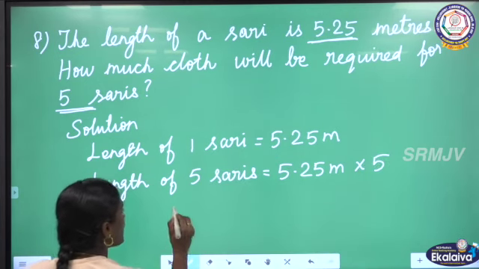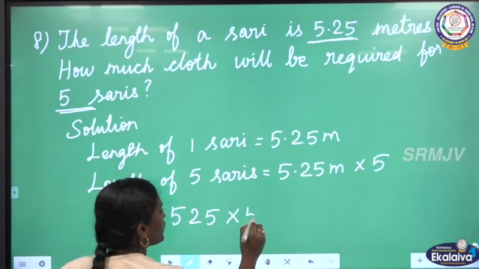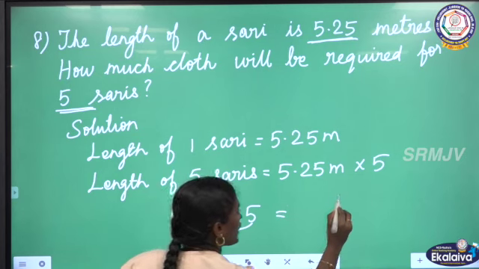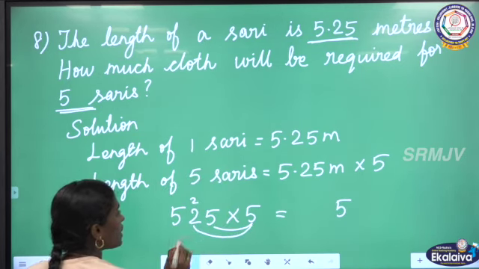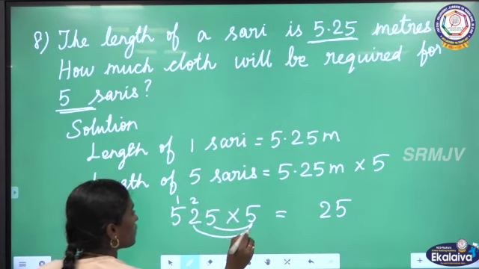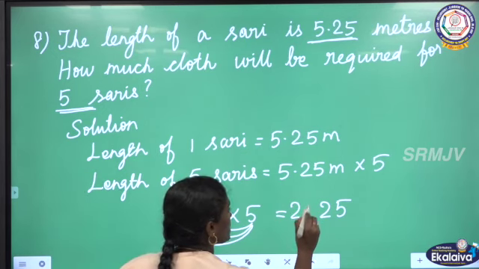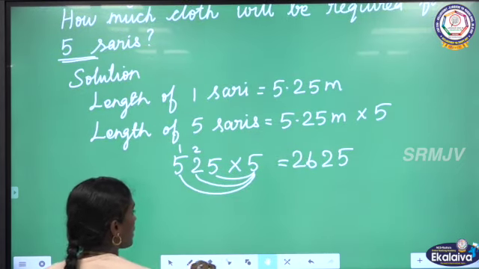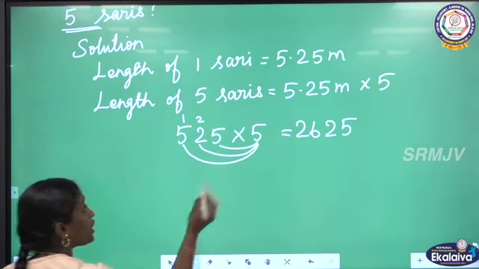While multiplying the number, we have to consider it as a whole number, 525 into 5. Here 5 5s are 25, 5 here, 2 carry over; 5 2s are 10, 10 plus 2, 12, 2, 1 carry over; 5 5s are 25, 25 plus 1, 26. We got 2625. This is the answer for 525 into 5.